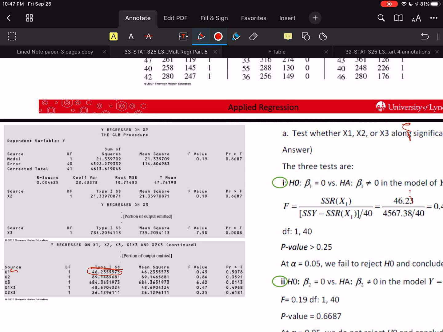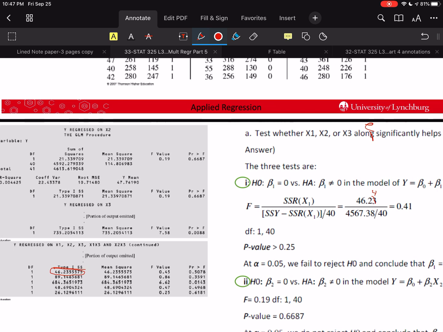How we get this number here is we take 4613.62, that's right here, and we subtract this 46.24 from it. And that will give us this value here.